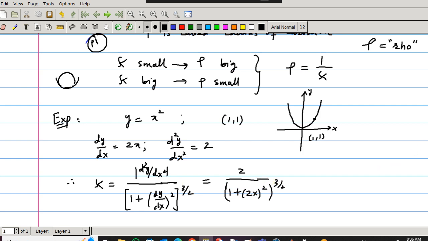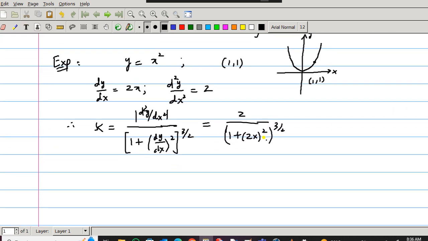There is no simplification, I guess it will remain as it is. So at the end I can just replace the point. So at (1, 1) my kappa will be 2 over 1 plus, because x is 1, this will become 2. So 2 square is 4, so 4 plus 1, 5. 5 to the power 3 by 2.